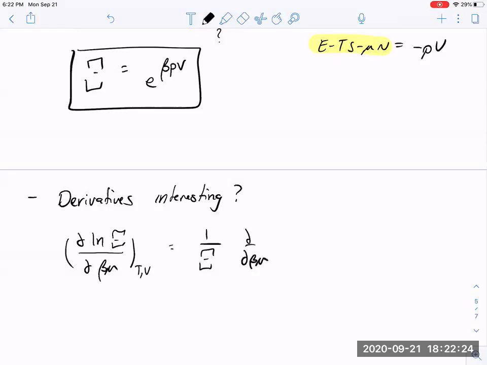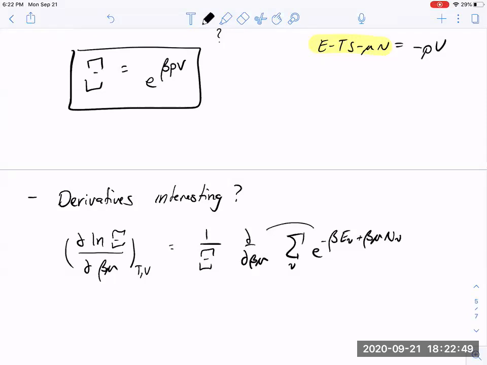Putting in what we mean by that grand canonical partition function as a sum over microstates, e to the minus beta energy of that microstate plus beta mu, the number of particles in that microstate. Again, the temperature is being held fixed. So we're really taking the derivative with respect to mu and have a factor of 1 over beta hanging around.